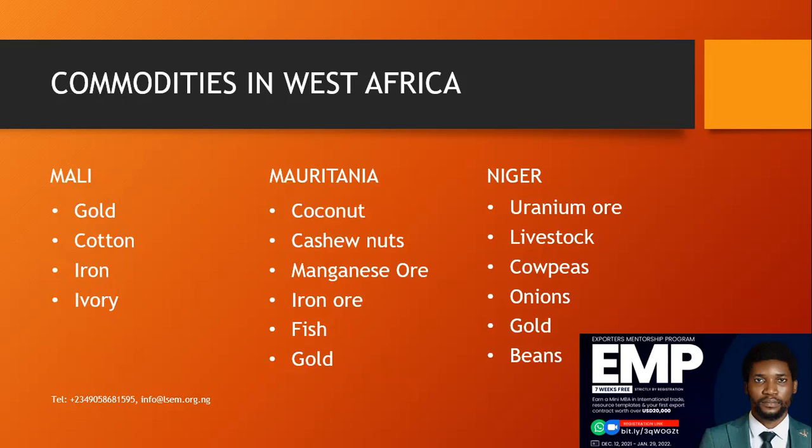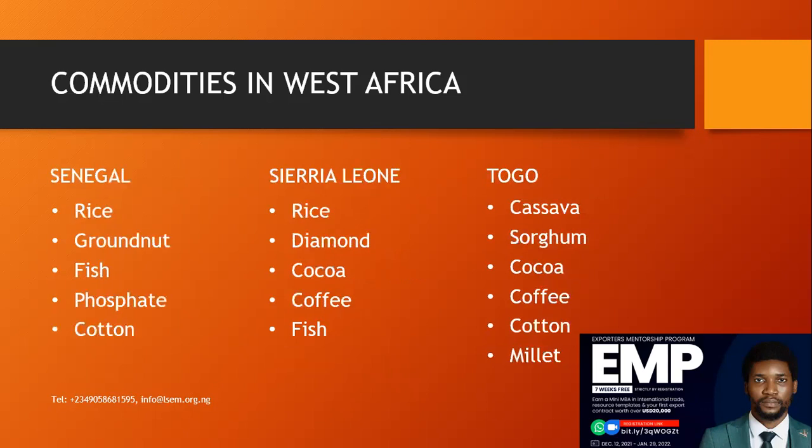The back of those kernels is also used in making activated charcoal, but not as expensive as coconut activated charcoal. There are also cashew nuts there, manganese, iron ore, fish, and gold. In Niger, they have uranium ore, livestock, cowpeas, onions, gold, and beans.